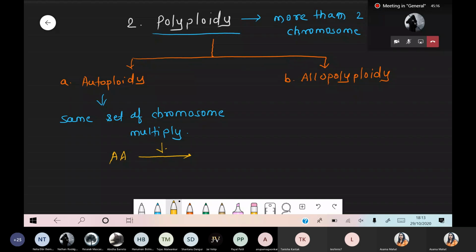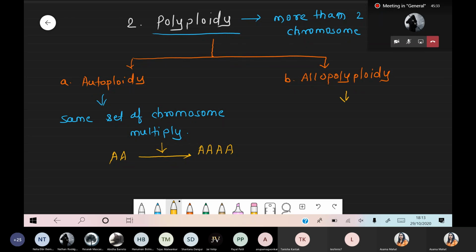Now it gets doubled, now it gets multiplied, so now what do they form? Capital A, capital A, capital A, capital A, four times. There were two sets, now one pair of capital A forms another pair, so the same set of chromosomes is multiplied.